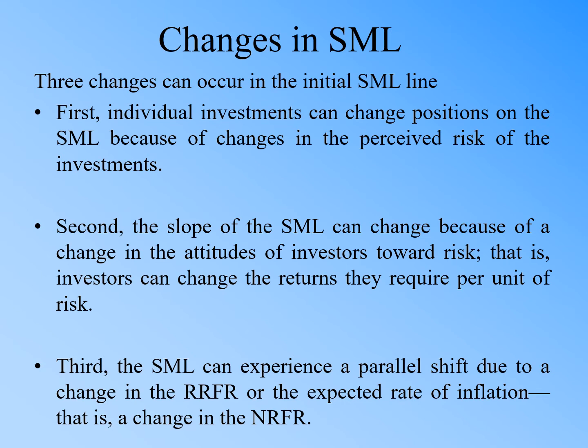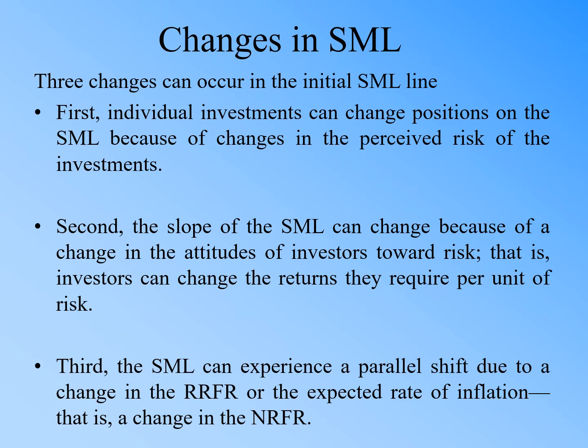For instance, if the firm increases its financial risk by adding more debt in the capital structure, this will increase the perceived risk of the investment. So the investor will move along the SML line upward. So in that case, the individual investment will change its position on the SML line.